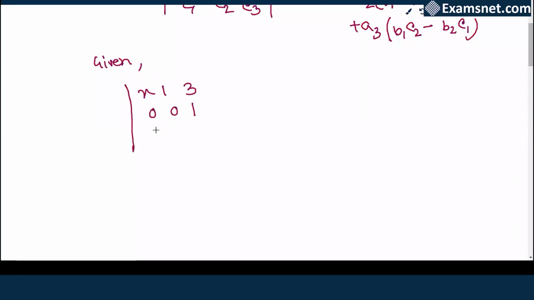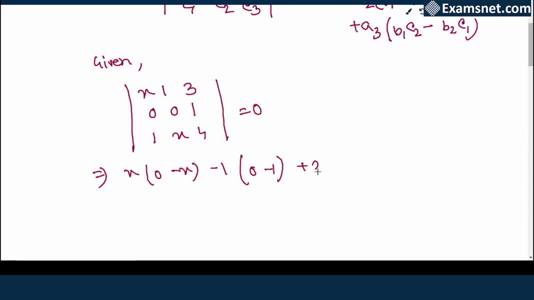Zero, zero, one, 1x4 equals to 0. So here x, 0 minus x minus 1, 0 minus 1 plus 3, 0 minus 0 equals to 0.